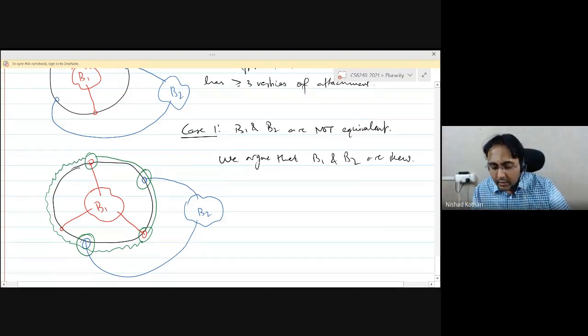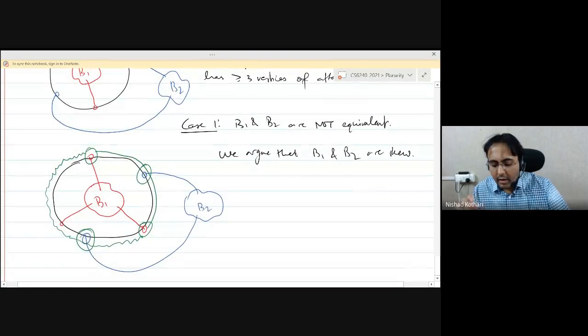Okay. So whenever they are not equivalent, this is the idea. You find a vertex of attachment of B2 that lies on a segment of the cycle induced by B1, or you relabel the two bridges and you will be able to find that. And then you find this other vertex of attachment of B2 that is not on the same segment. And now you have these four vertices and they show that the two bridges are skew.